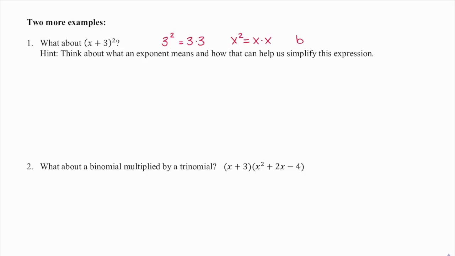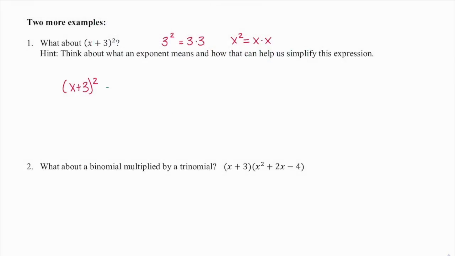It's the base times itself however many times the exponent says. I don't need to write that out, you know that. So I encourage you to pause the video right now and try to think about what x plus 3 squared really is using the definition of exponent. So go ahead and try that out.